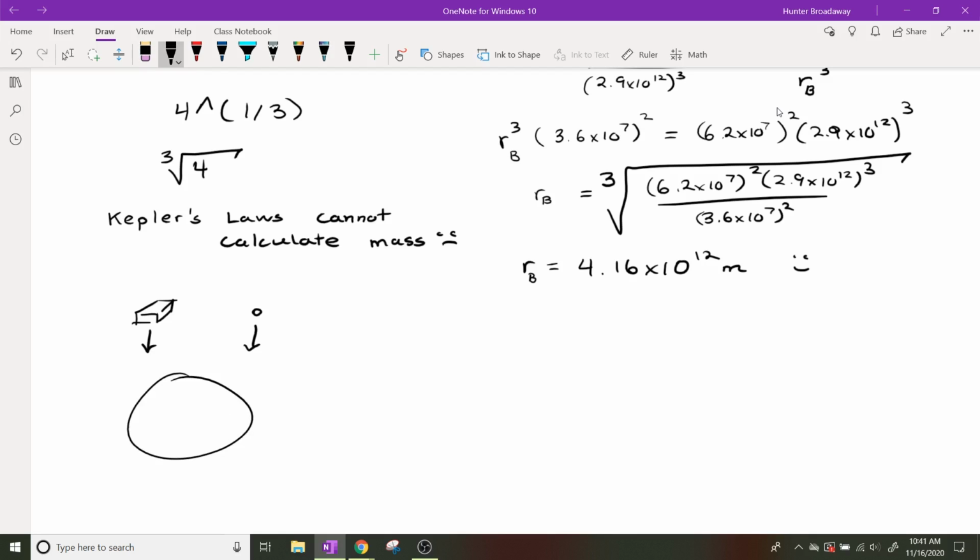Flat Earth confirmed. It doesn't matter which one of these falls, they're both going to fall at the exact same rate. But if you take that same object and throw it really fast and it goes around the Earth, the same rule applies. It doesn't matter how massive the object is. If you can get it to go that fast, it'll just go around in a circle. So that's the same concept behind it.